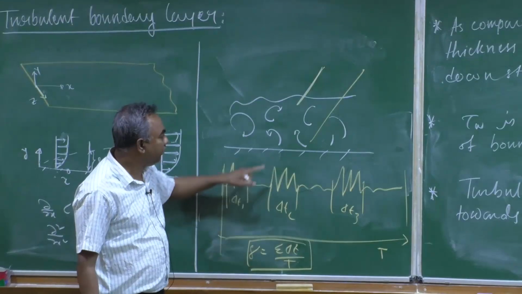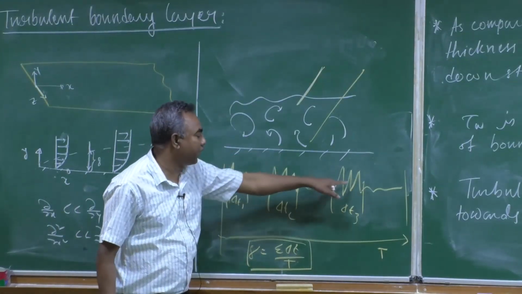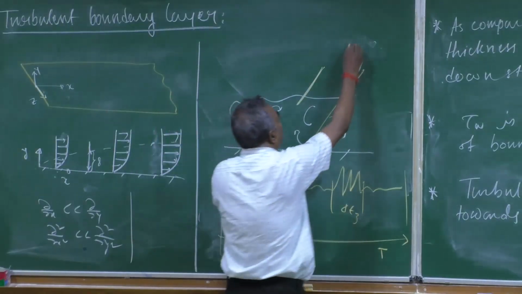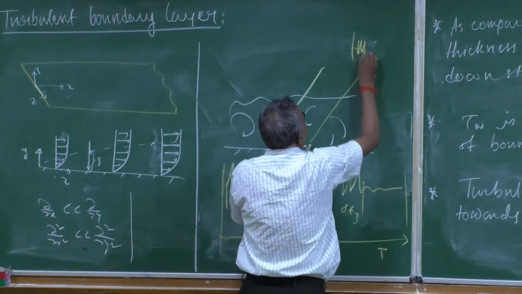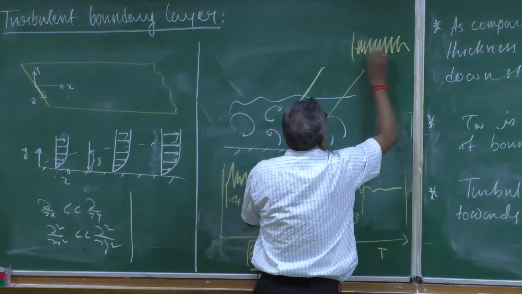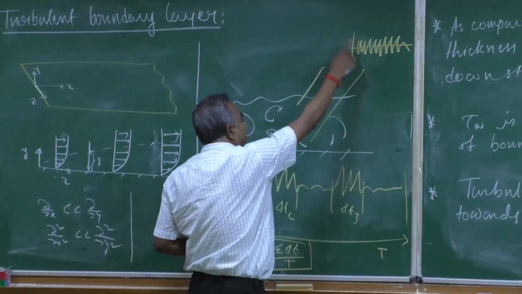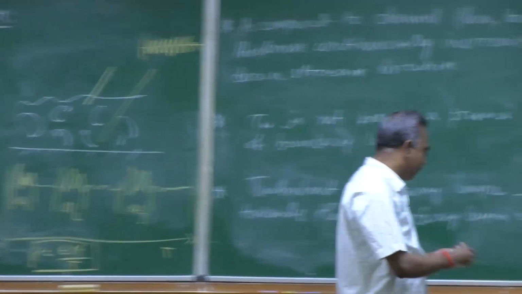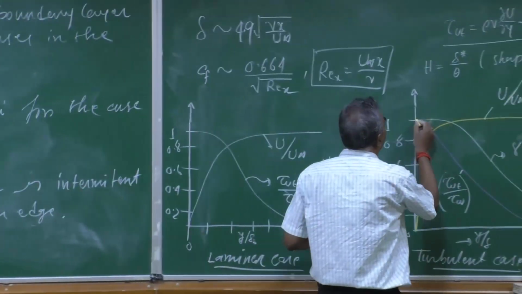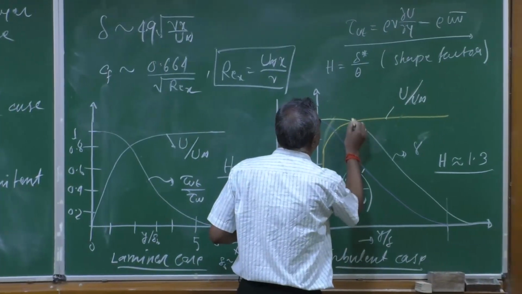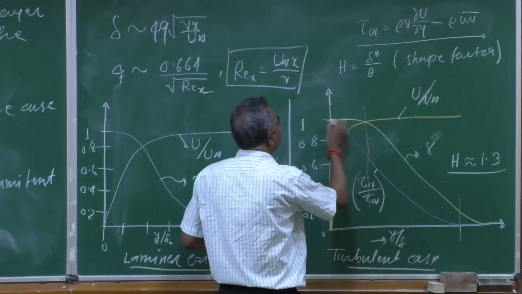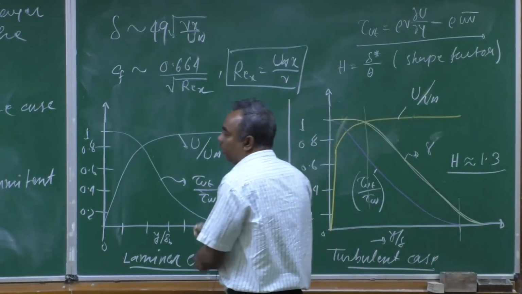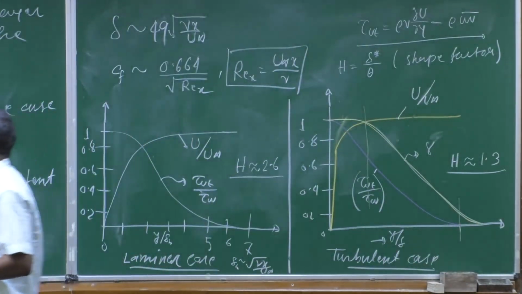So the signal will be like that all the time, and the intermittency is always 1 close to the wall. Later on it keeps changing as you come towards the outer side of the boundary layer.